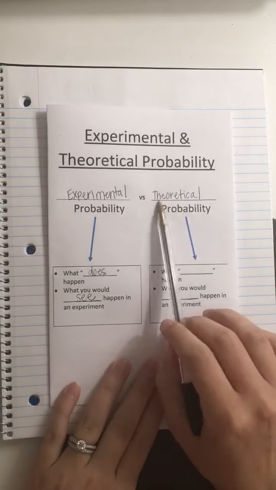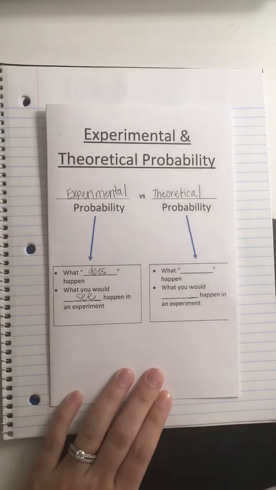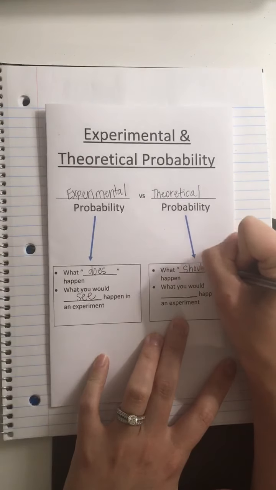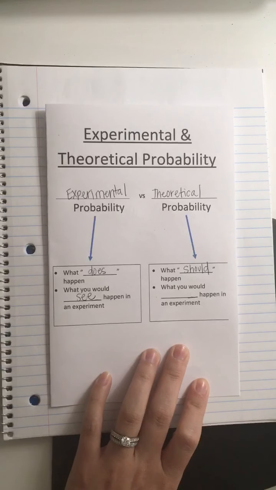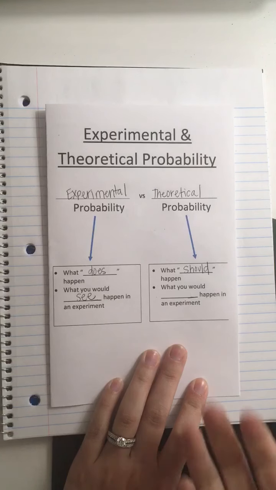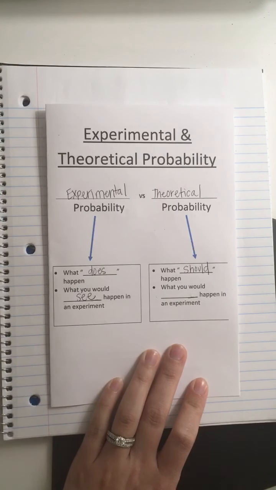That's what we're talking about in theoretical probability. So it is what should happen. If I'm going to flip a coin, it should land on heads about half the time, and it should land on tails half the time. And that's what should happen.